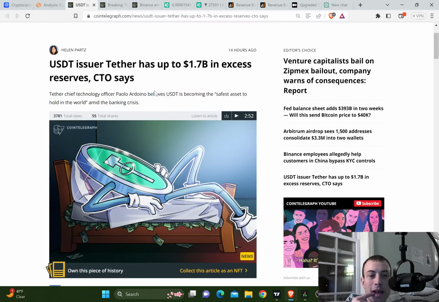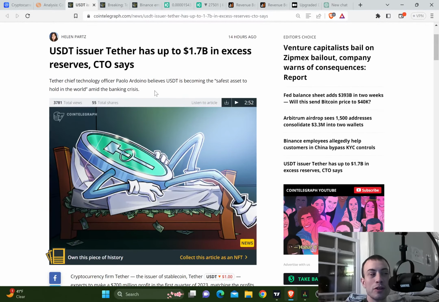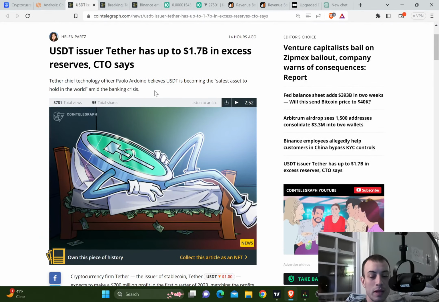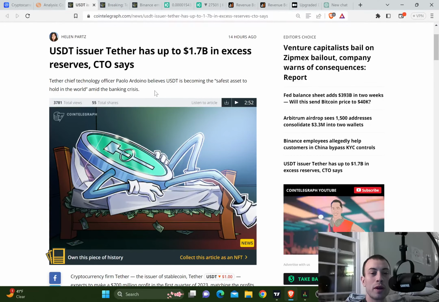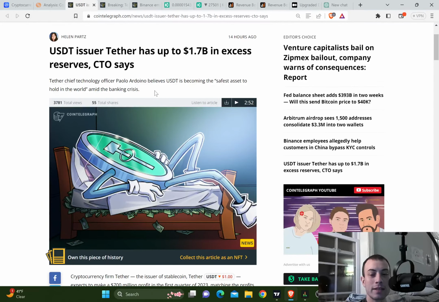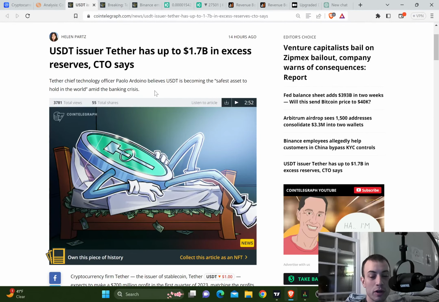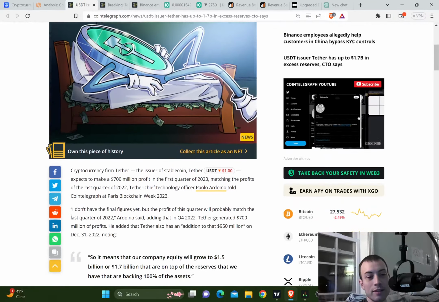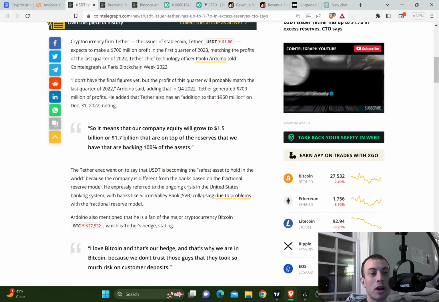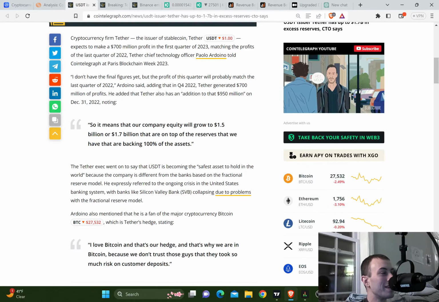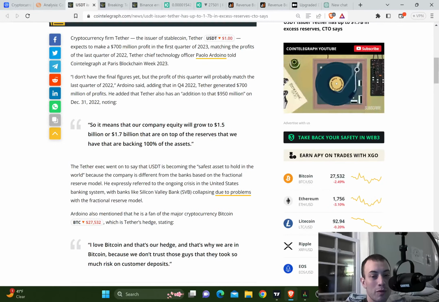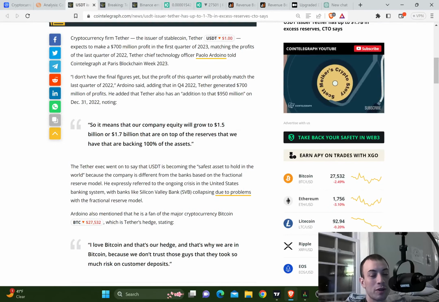Here's one article that I actually found kind of interesting. So you're seeing all these stable coins start to go under and have problems, right? And we've heard lots of stuff about Tether having a shady past. Right now, they have $1.7 billion in excess reserves. They are over collateralized. So if you know anything about how our banks work, they have fractional reserve. So maybe they have 10% of all the money that is on deposit on their ledger.